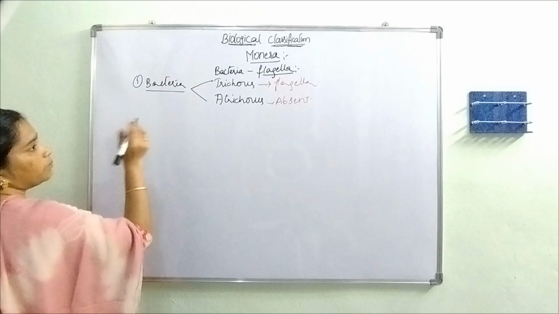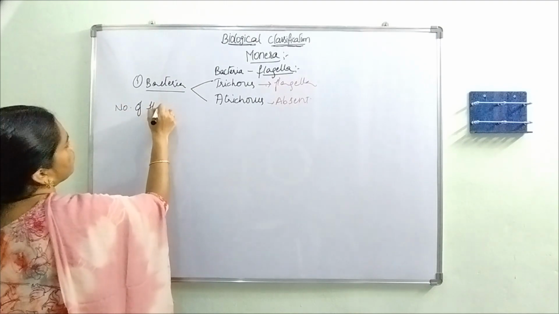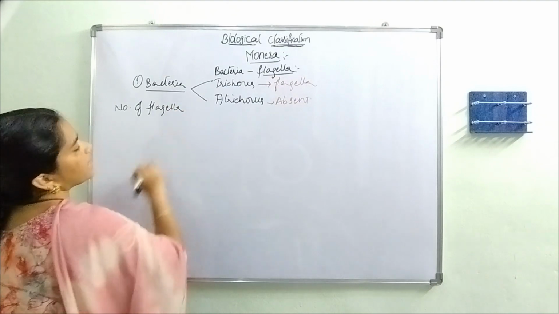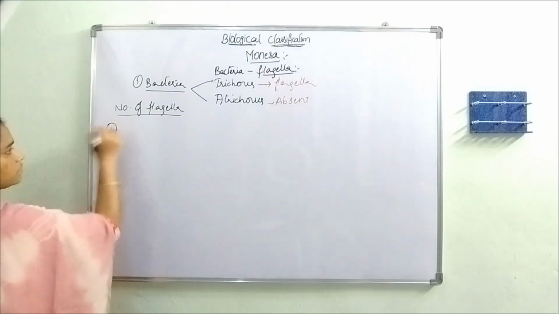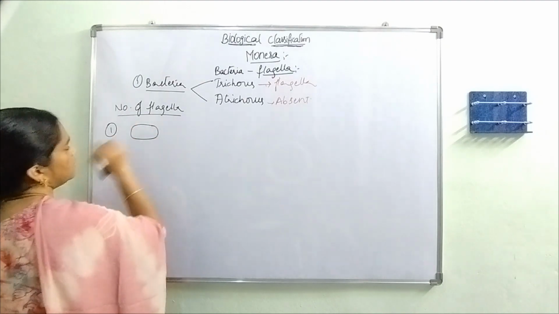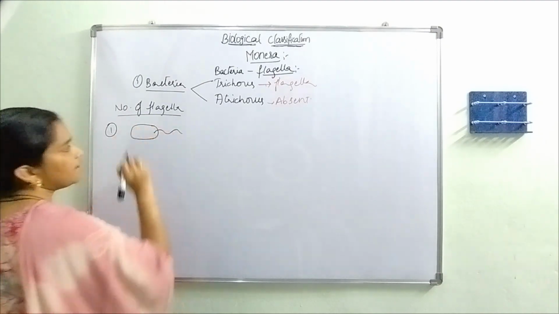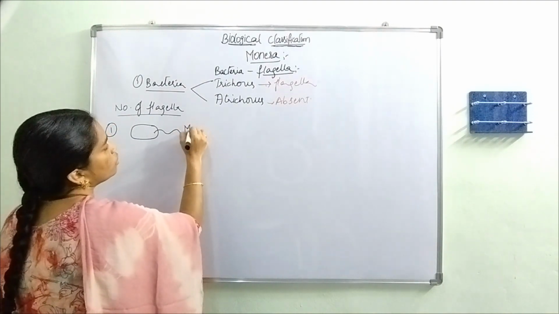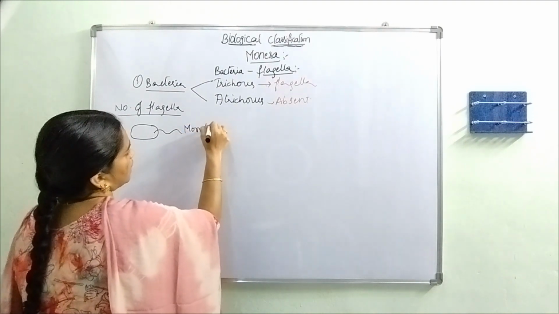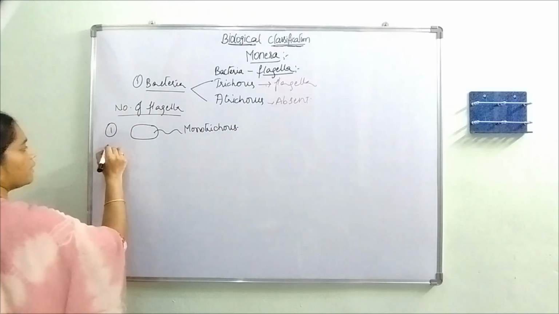So, first of all, let us take the number of flagella and their arrangement. This is a bacterial cell, and if a single flagellum is present, it is called monotrichous. Monotrichous bacteria or monotrichous flagella.